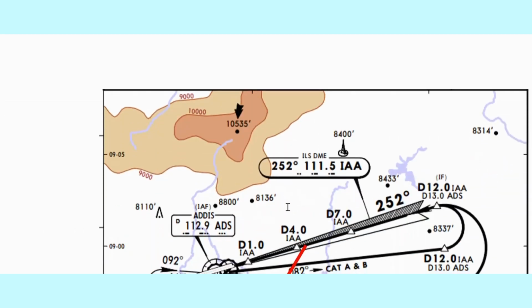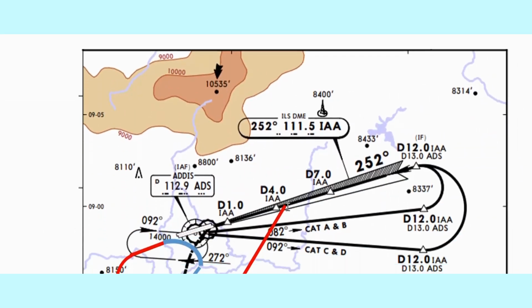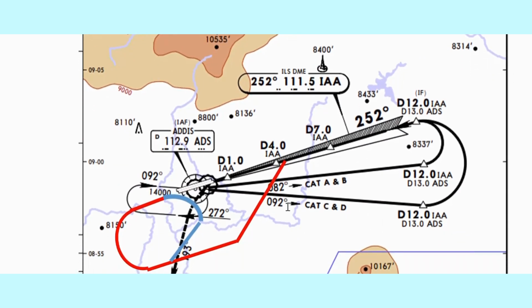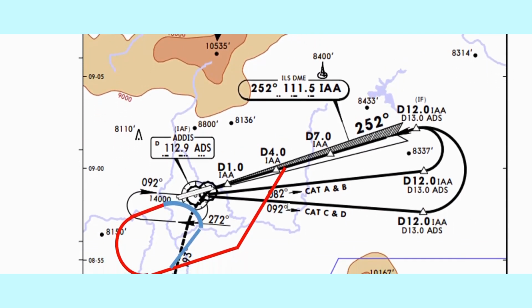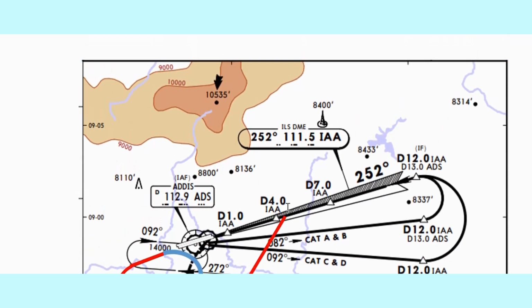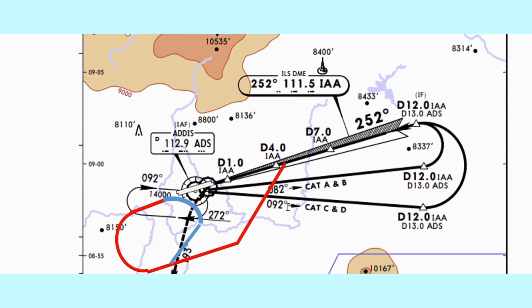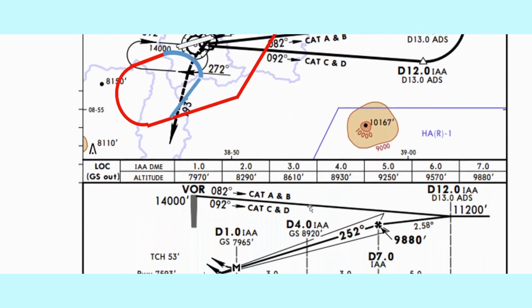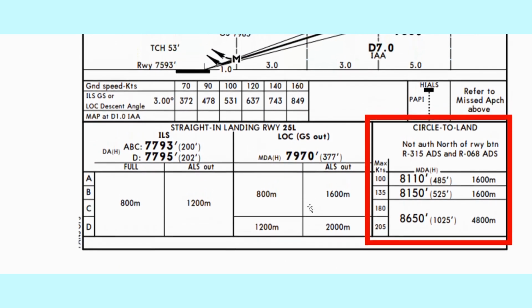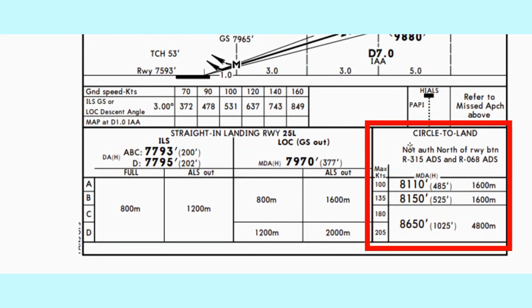Now I want us to just finalize this presentation with an approach plate. This is an ILS approach plate into Addis Ababa's Bole International, runway 25 left. Okay, I will not go obviously into all the details here, but I'll start from the bottom. Whenever you do a circling approach, you always look at the circle to land section on the particular chart.